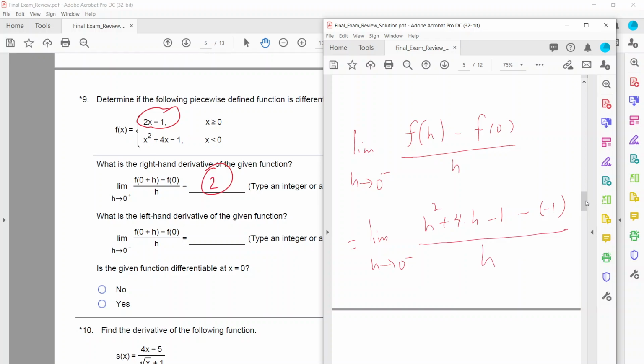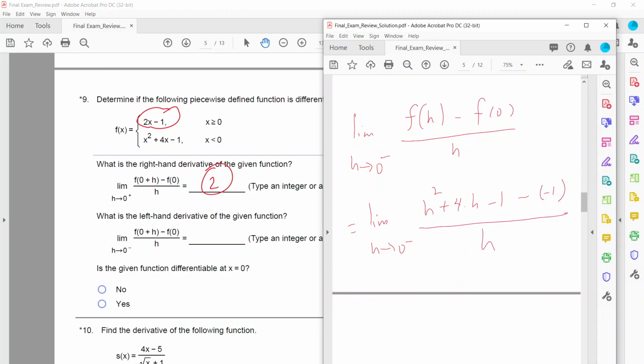If we simplify this, on the top we have h squared plus 4h, and the negative 1 and positive 1 cancel out. If you factor the h on the top and cancel it with the h on the bottom, finally the limit would be 4, because the first part will still have one h.